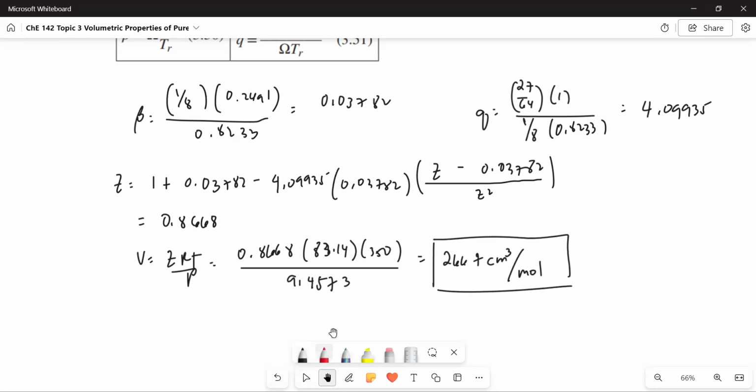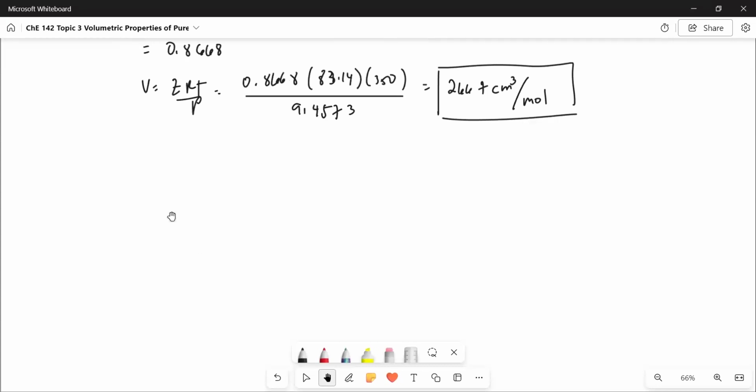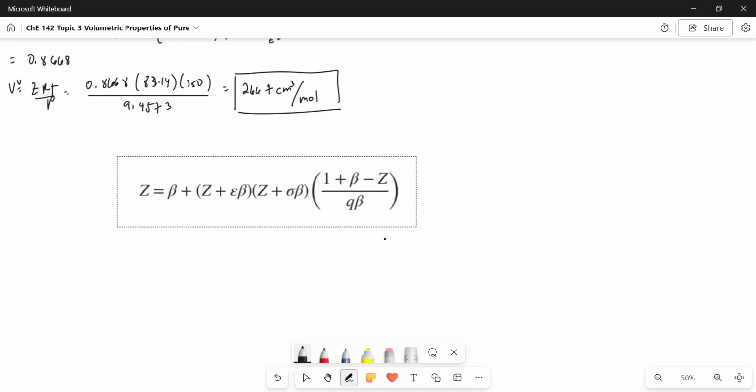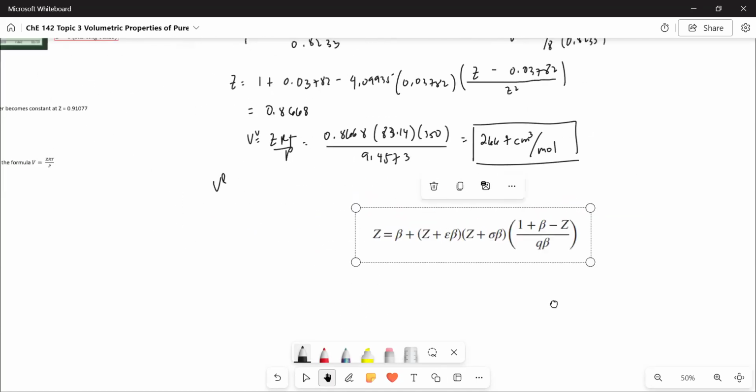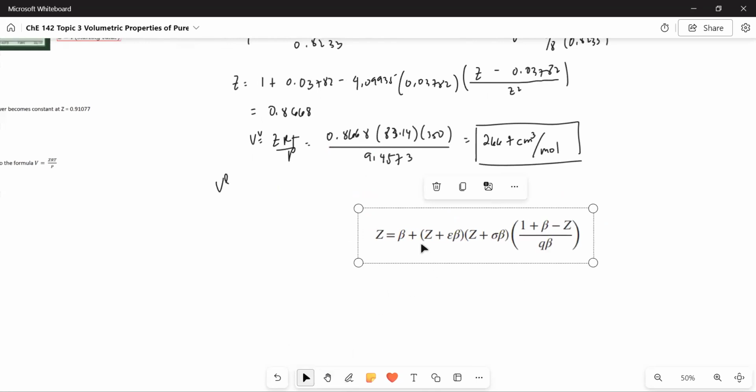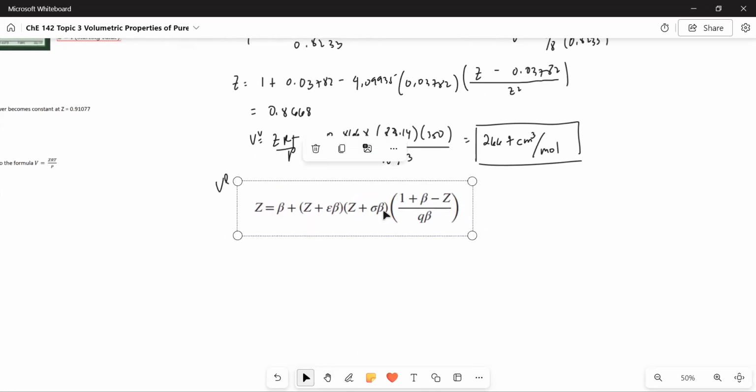So this is vapor. Let's label that as vapor. For the liquid-like, we will use a different working equation, which is this one. We'll use that.